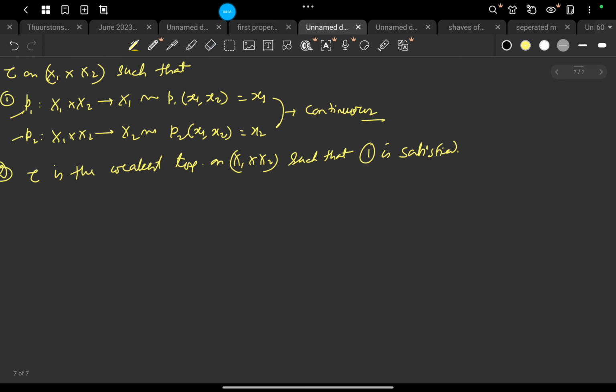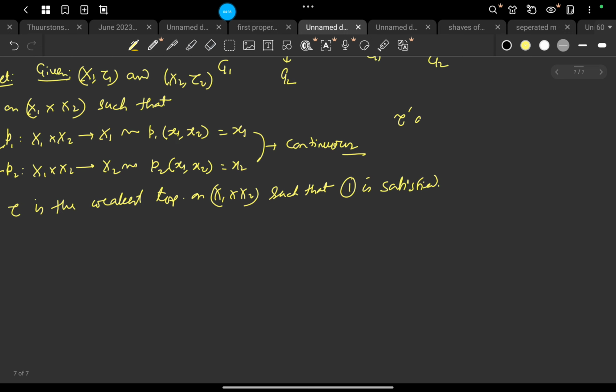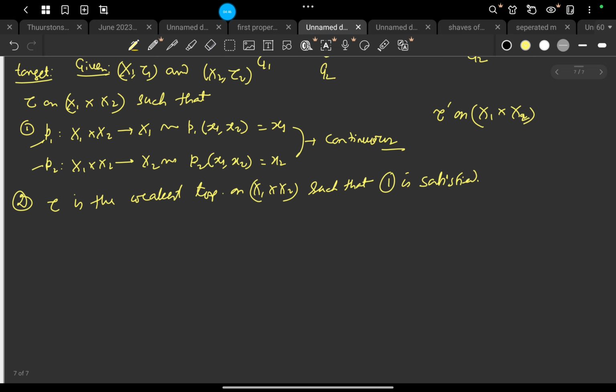That means if we can define another topology, let's say tau prime, on X1 cross X2 such that p1 and p2 are continuous with respect to this topology, then of course I have tau is inside tau prime, meaning tau prime is a finer topology than tau. Okay, so in fact it is the weakest one.